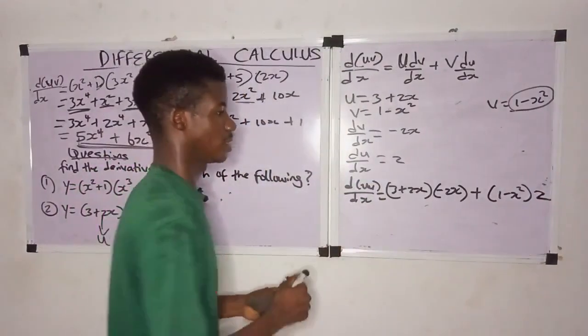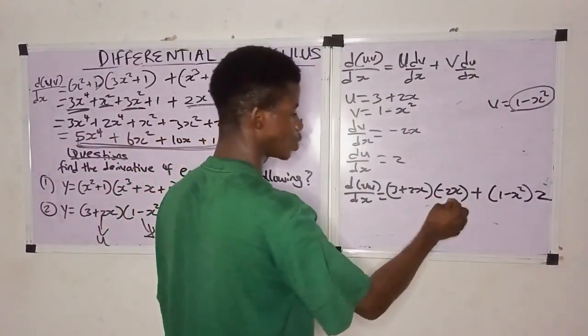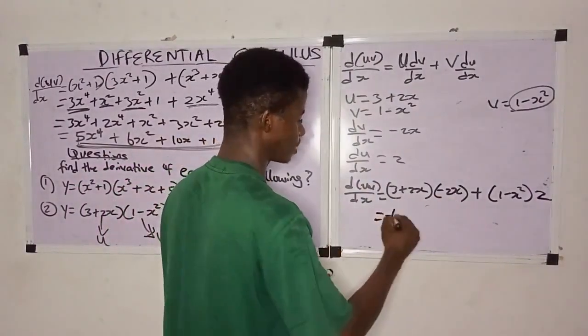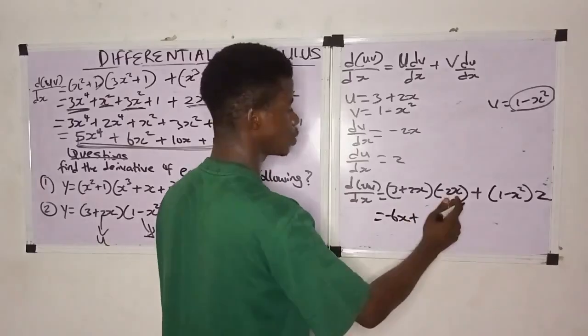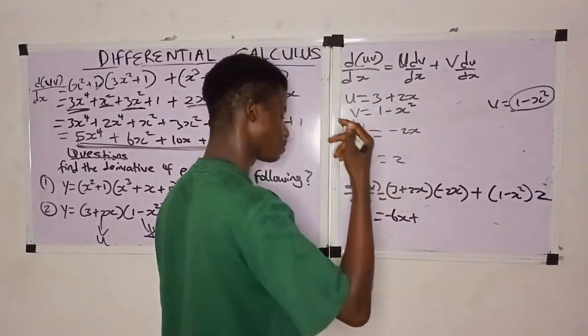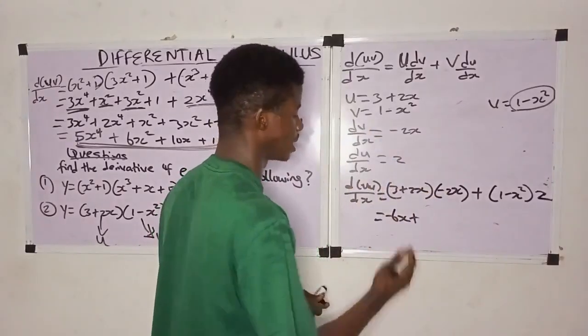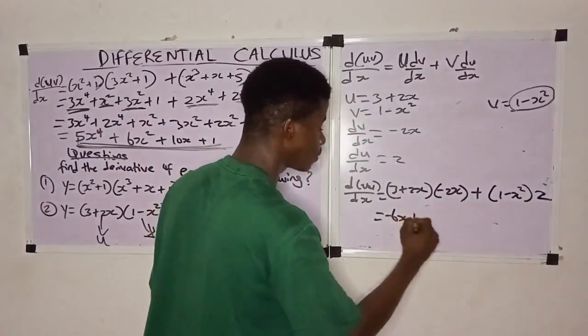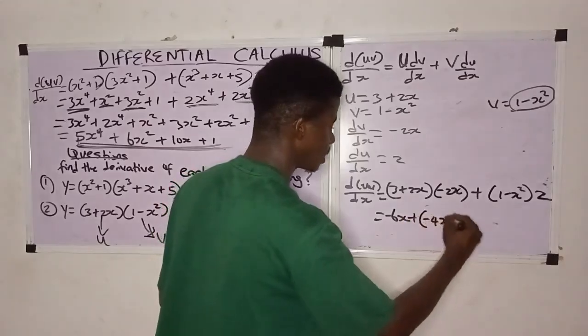So what am I going to do next? We multiply each term. Minus 2s times 3 will give us minus 6s, right? Then minus 2s times 2s will give us minus 4s squared, right? So plus and minus give us minus 4s squared.